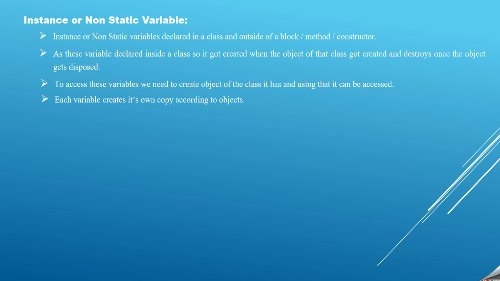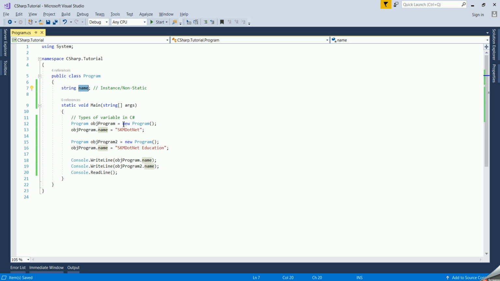That's what I want to prove. Let's give it as object 1 to make it more understandable, and the second is object 2, and we are referring to the same variable.